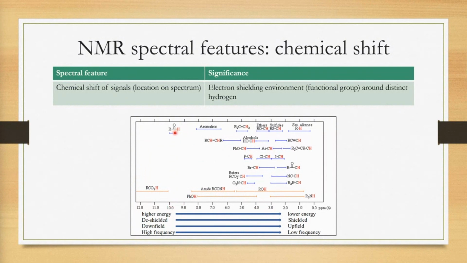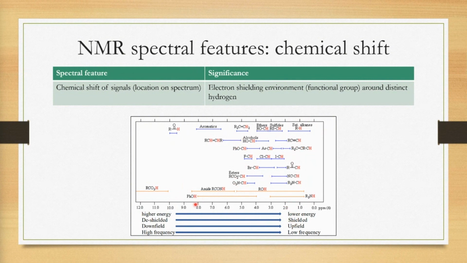So if you have an aldehyde proton, for example, that's typically between 9.5 and 10 ppm for the chemical shift. If you have a saturated alkane or a hydrocarbon chain without any double or triple bonds, that's usually pretty low, between like 0.3 and let's say 1.8, 2.0.